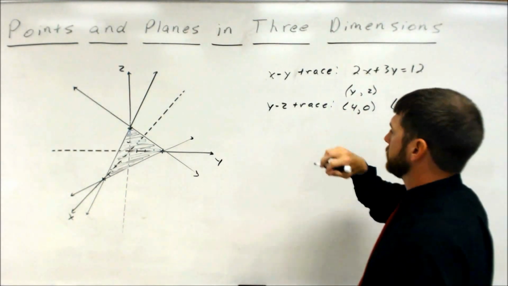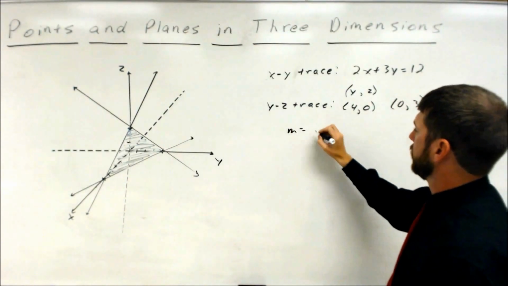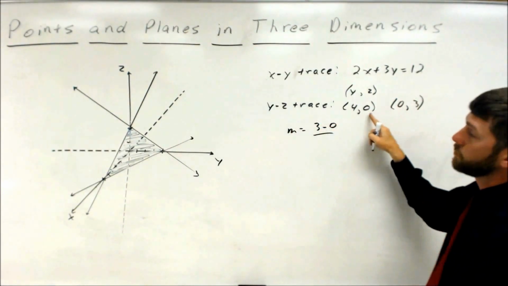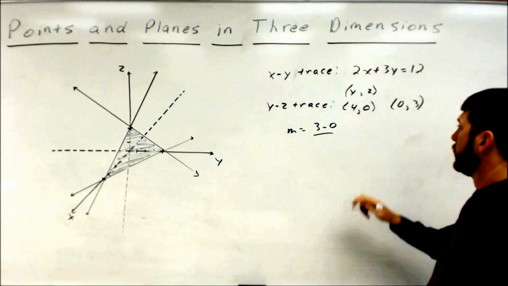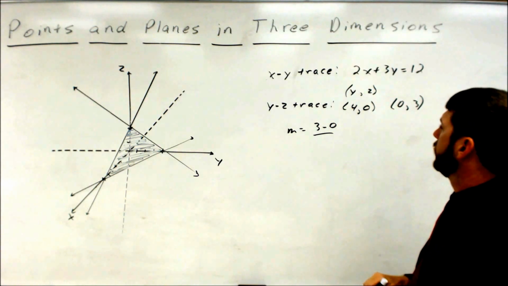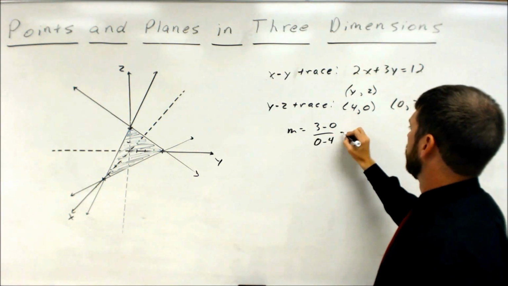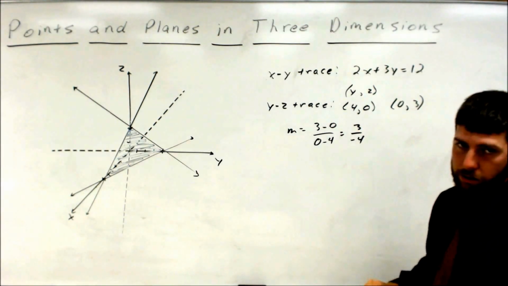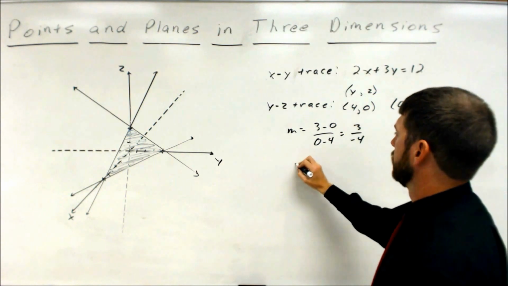Going through the process. So slope is z2 minus z1 in this case, over y2 minus y1: 0 minus 3 over negative 4 gives me negative 3/4.